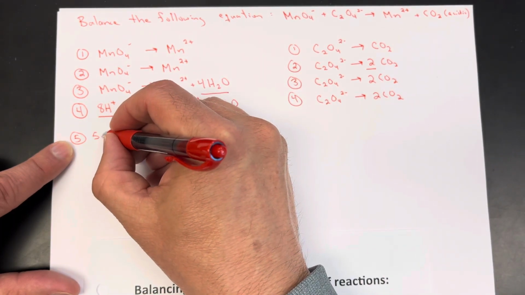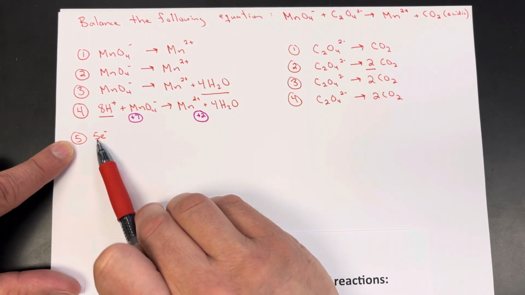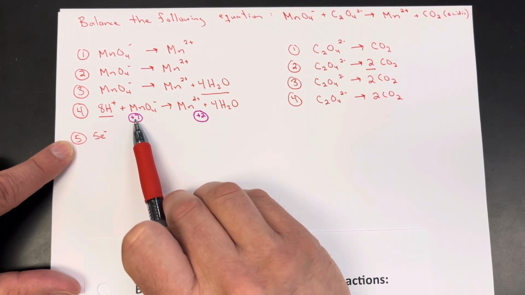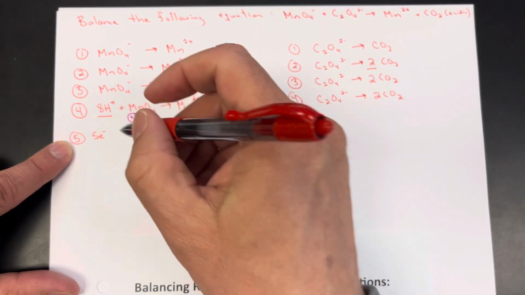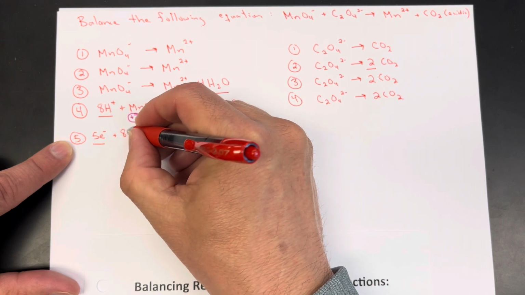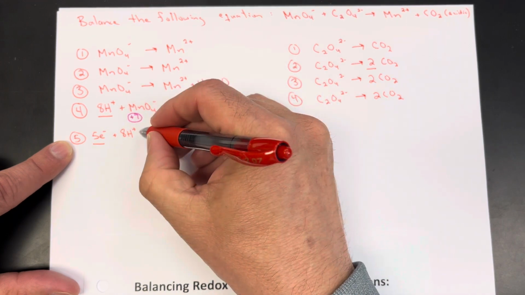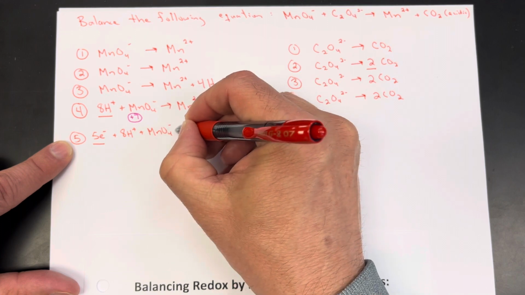So I'm going to add 5 electrons to the left-hand side, because 5 negative things plus a plus 7 would equal a plus 2. I'm going to underline the 5 electrons because that is what I changed in step 5. Everything else is the same.